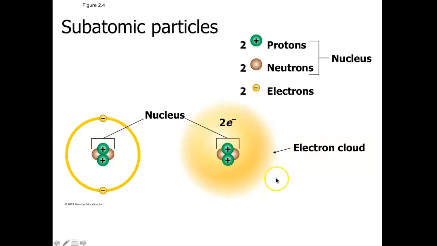They don't actually orbit in one line like you see in these pictures. The electrons that hover around the nucleus are in orbital shells, and they have a negative charge. So if there are 2 electrons in this shell, then that has a negative 2 charge, right?